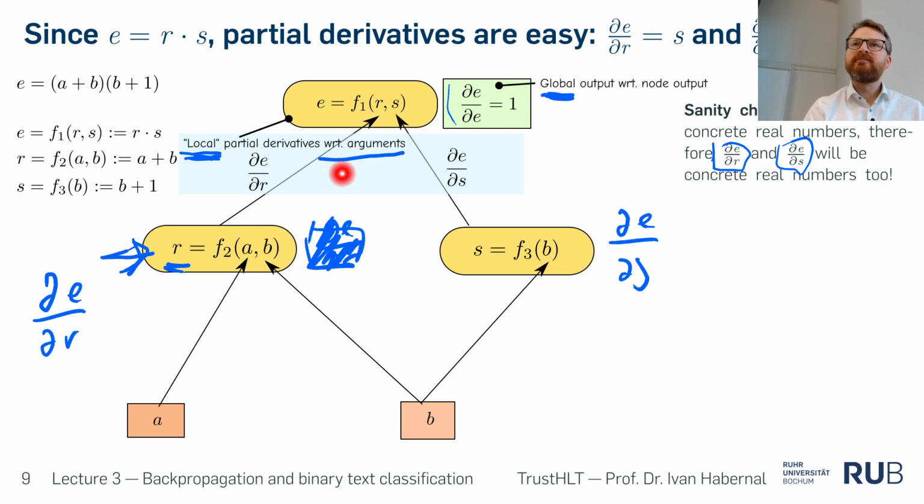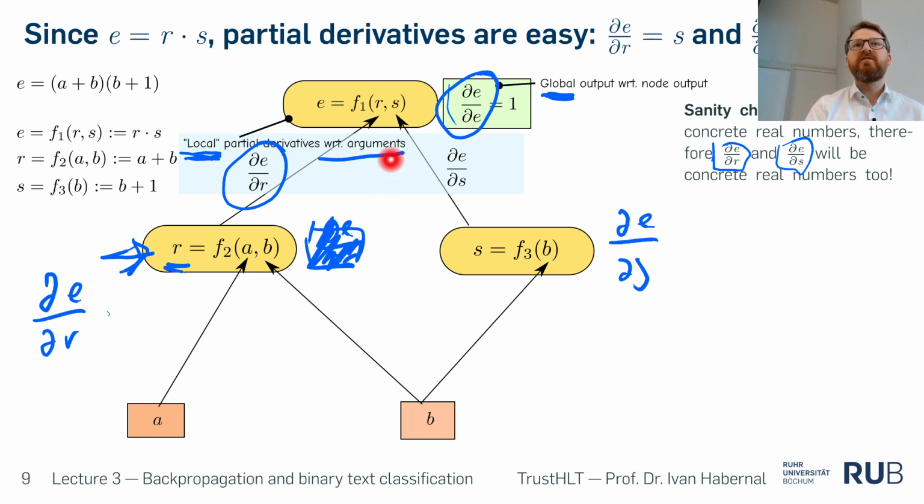Yes. Didn't we calculate the partial derivative of E with respect to R? Yes, we did. So we can use it right away. Exactly. So now we have it already. It doesn't reveal the rule, but down the road it will reveal some different rules. Okay, good. Let's take it for granted. But typically, if we are somewhere deeper in the graph, this would be taking the local partial derivatives and multiplying by the upper function because of the chain rule.